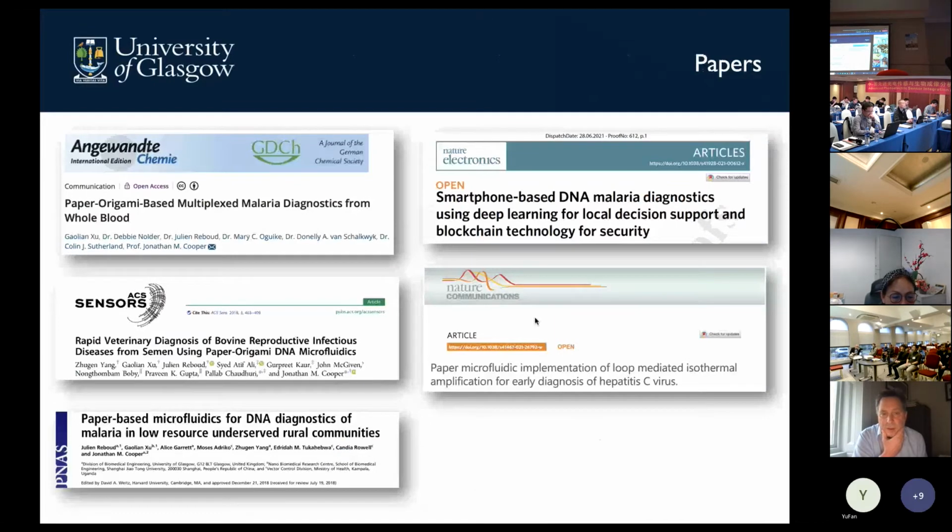Over the last, I suppose, 5 or 6 years or so, we've developed these tests incrementally. And just to take you on this journey, we started out doing our paper tests in a reference laboratory in London, the London Malarial Reference Laboratory. We've moved on and worked in zoonotic infections and looked at the transmission of diseases between animals and humans.